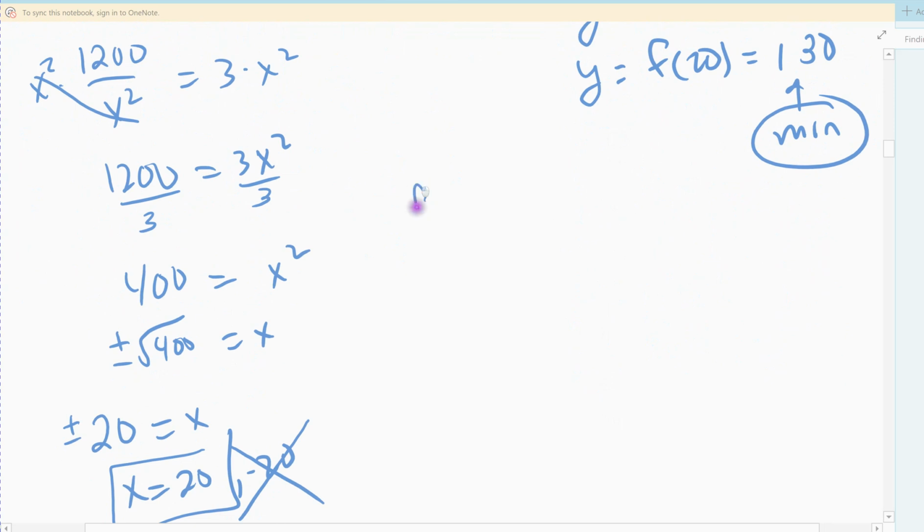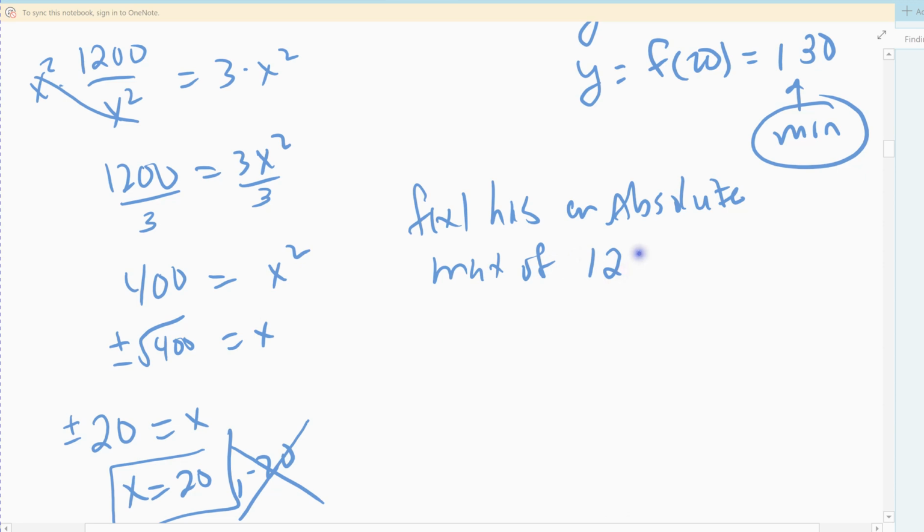Writing that out, f of x has an absolute maximum of 1213 found at x equals 1, the endpoint.